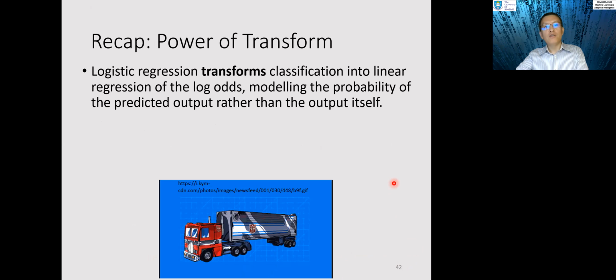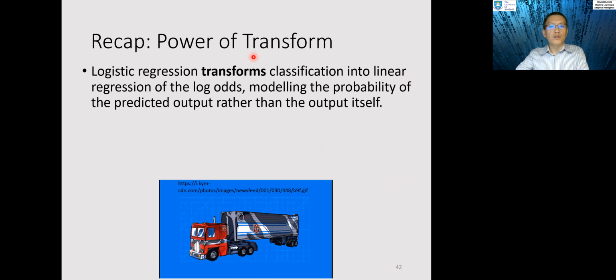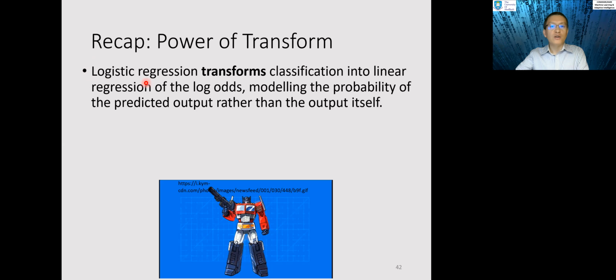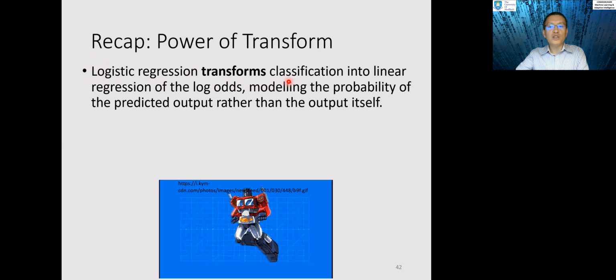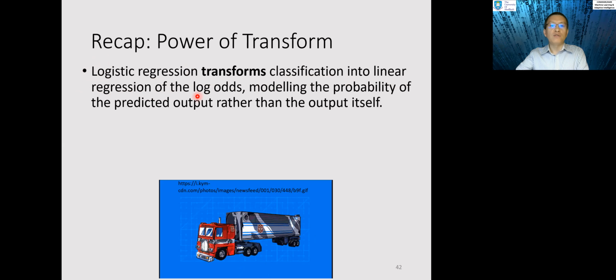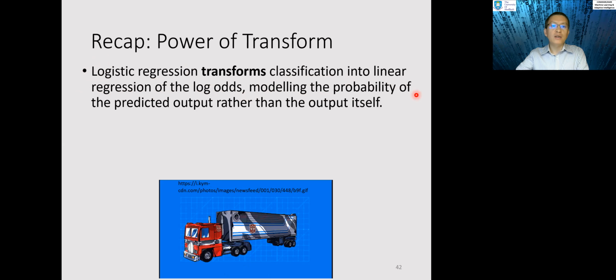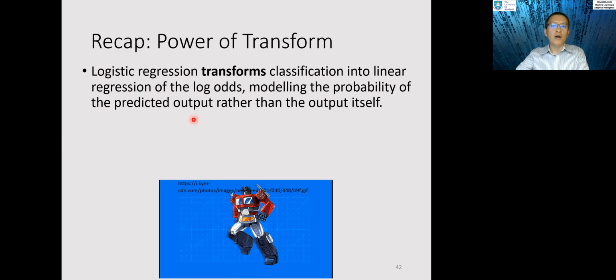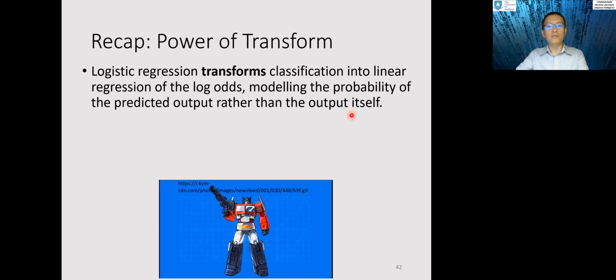This may remind you of some of the very big ideas in the literature of machine learning, such as logistic regression, which also transforms a classification problem into a linear regression problem of the logits, and it models the probability of the predicted outcome instead of the output itself, which is a binary class label.